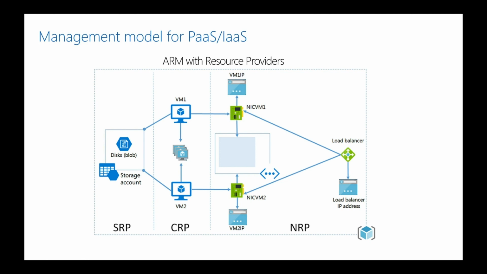It stores all the data on blob storage, and the request comes from the public IP to the load balancer, and the load balancer transfers it to a different VM. So this is how it will work. I will demonstrate this in our hands-on session.